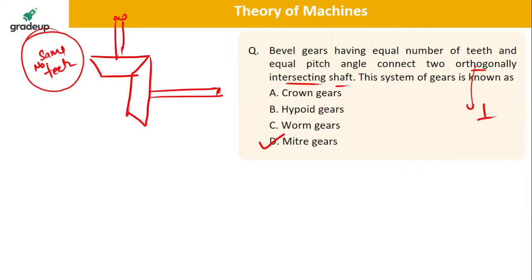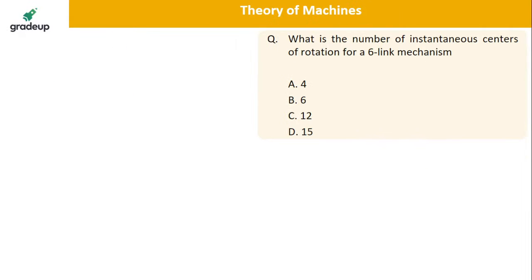Option D. Let us go for the next question. What is the number of instantaneous centers of rotation for a mechanism having 6 links? Number of ICs. It's very basic.